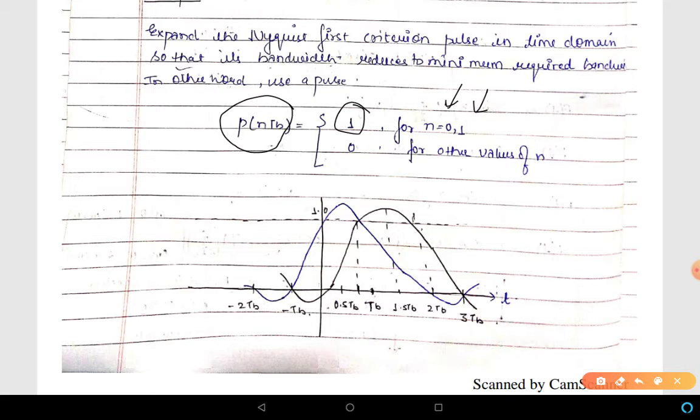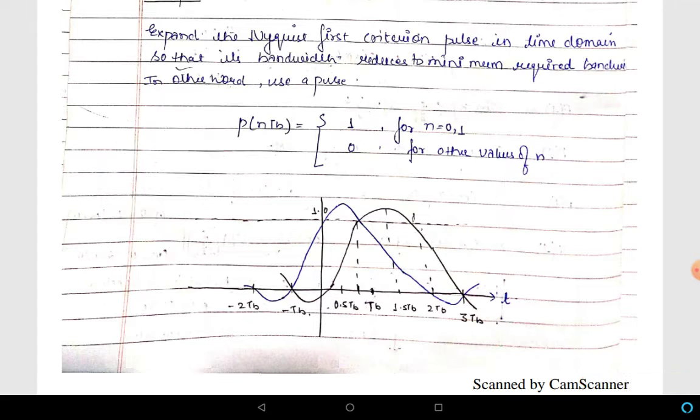So for two time instants, one at 0 and the other at TB, my pulse will remain 1. At these two instants it will remain 1, then after it will come down. In other words, I am expanding the pulse in time domain. This will cause the compression of the pulse in frequency domain, and this is my objective, and this is the working principle of Nyquist second criteria.